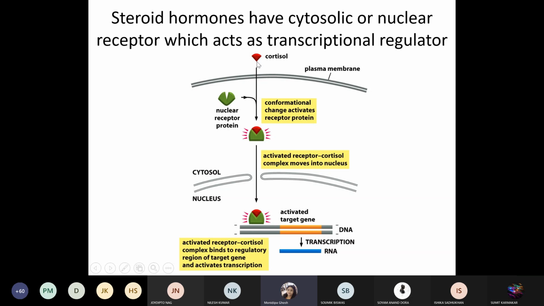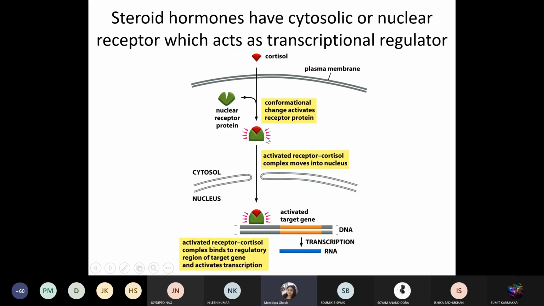Here we are talking about signaling molecules, and these steroid hormones are also signaling molecules. Now the conformational change activates the receptor protein. The receptor protein specifically recognizes this signaling molecule, and its conformational change happens.